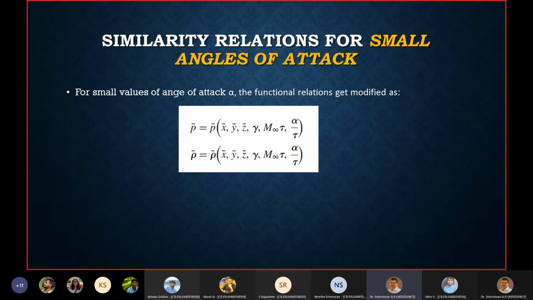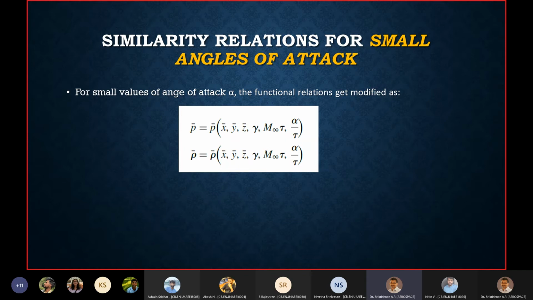When the angle of attack is expressed in terms of alpha by tau, the similarity still holds good, which means that M infinity into tau and alpha by tau are similarity parameters when alpha is not equal to 0.